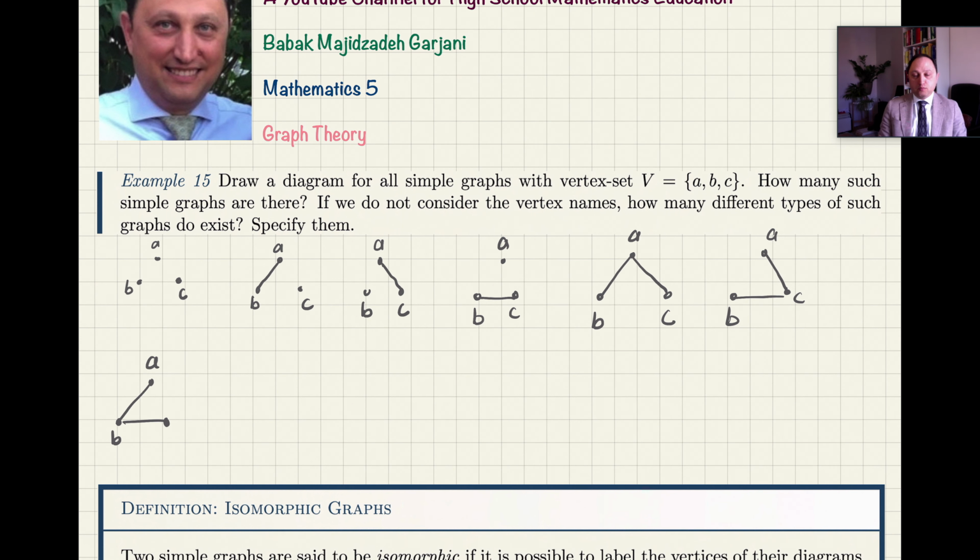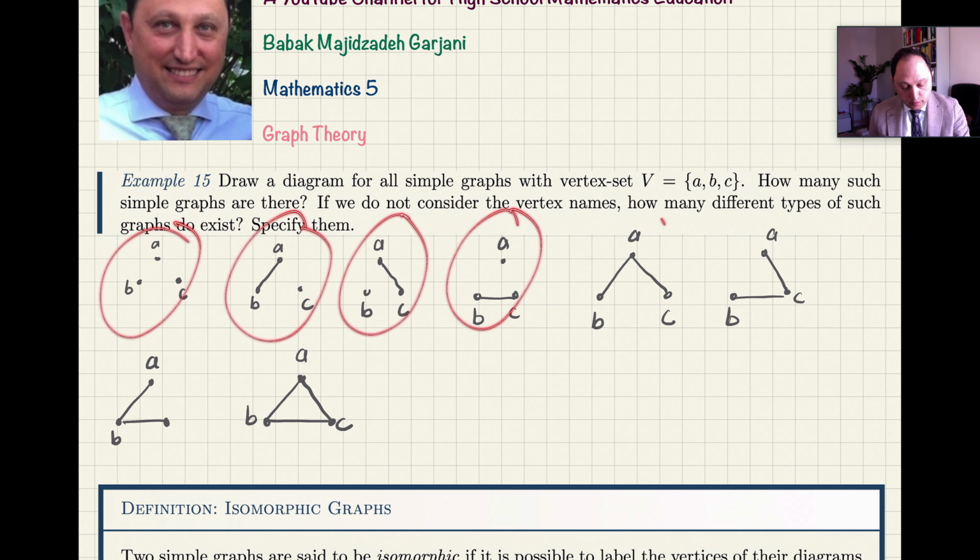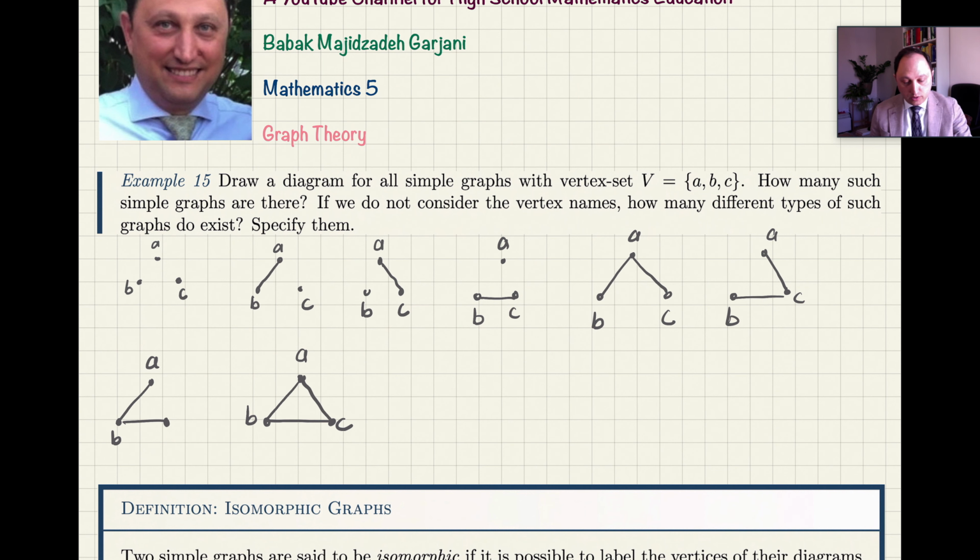I do not have any more. And finally, I can have the fullest possible one, which is this triangle. So, if I ask you how many of them you see, 1, 2, 3, 4, 5, 6, 7, and 8. So there are 8 of them.